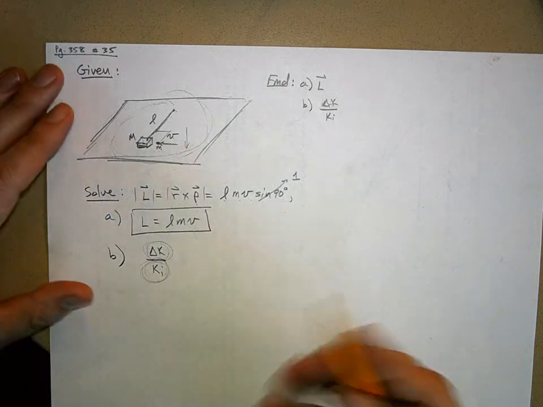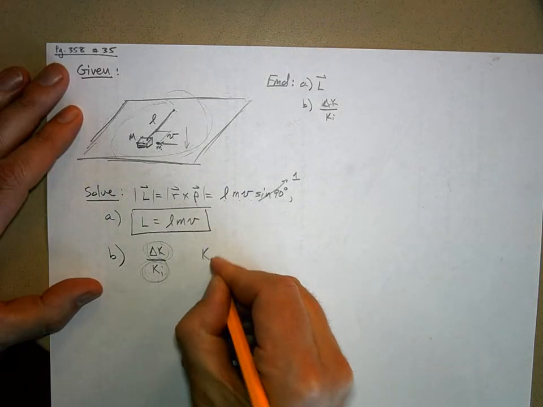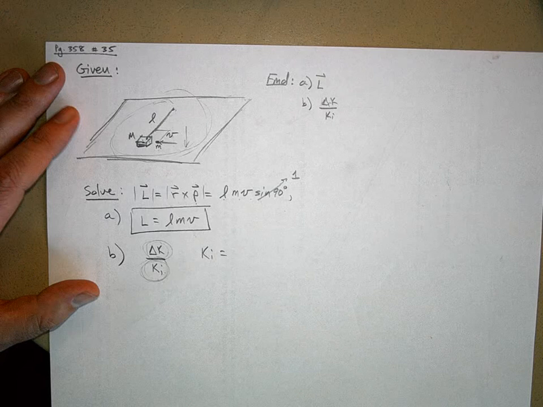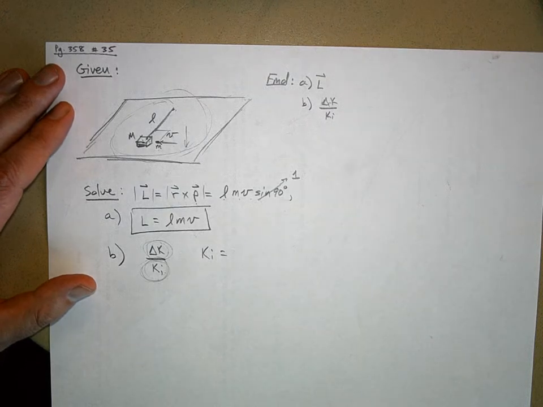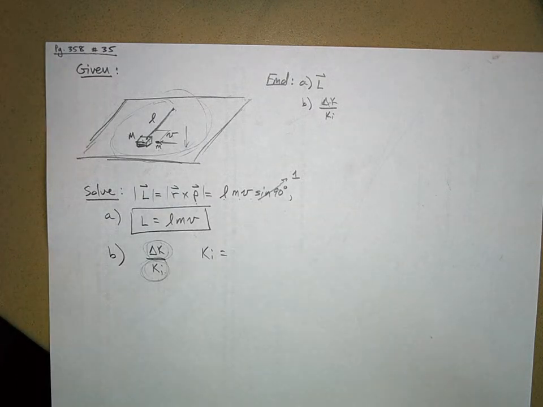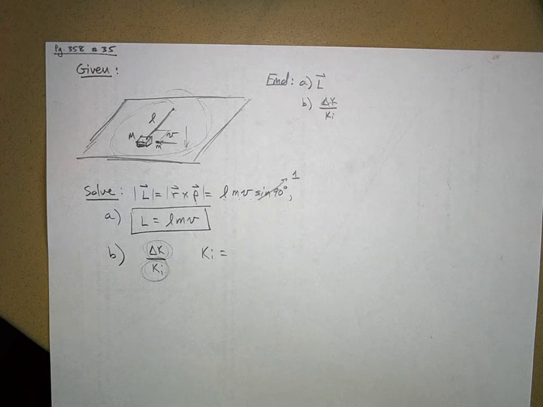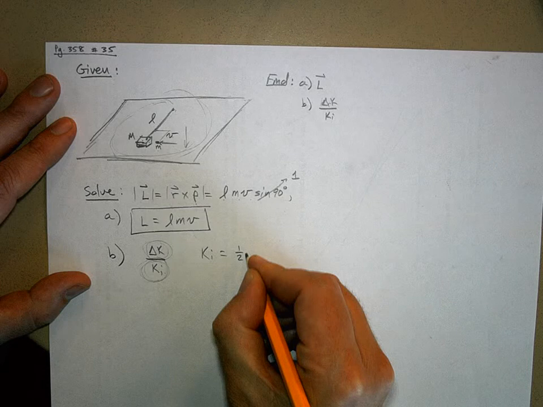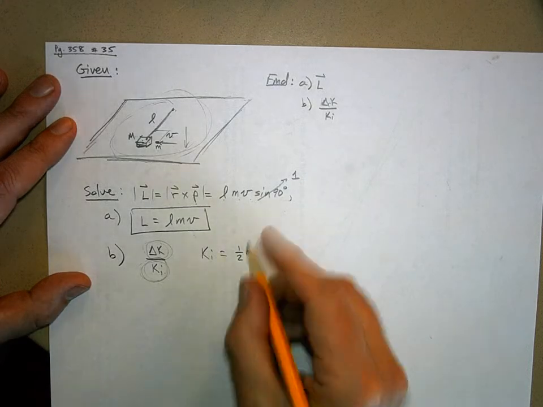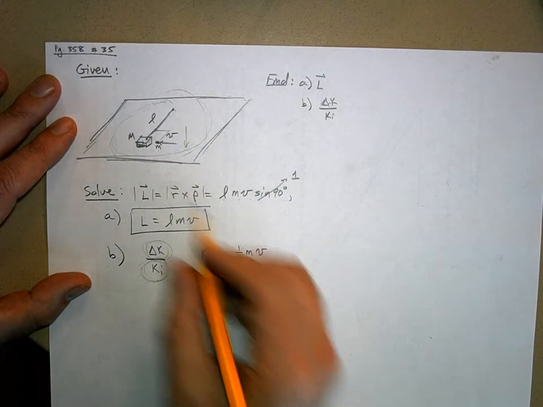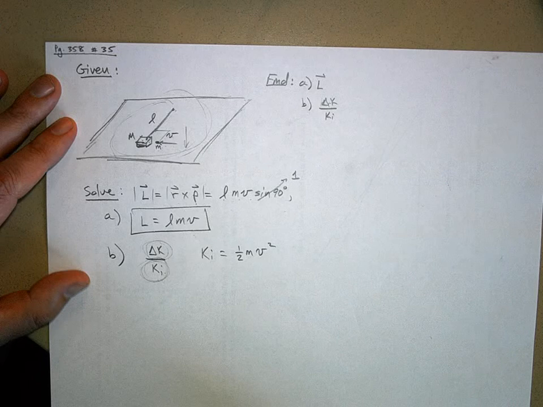Okay. So what's the initial kinetic energy of my system here? Before the collision. No, 0. No. Oh, 1/2 mv of the bullet. Yes, 1/2 times the mass of the bullet, little m, times that original speed, v, squared.